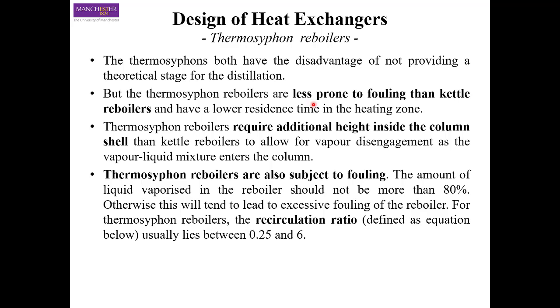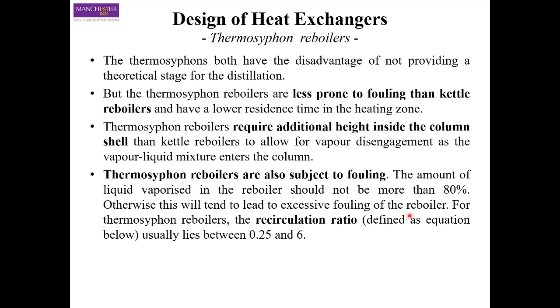As such, they have less fouling potential compared to a kettle reboiler. But they do foul, especially when you increase the degree of vaporization to 80%, then you have excessive fouling on the reboiler. Normally, thermosiphon reboilers are used in the degree of vaporization range of 20 to 40%.